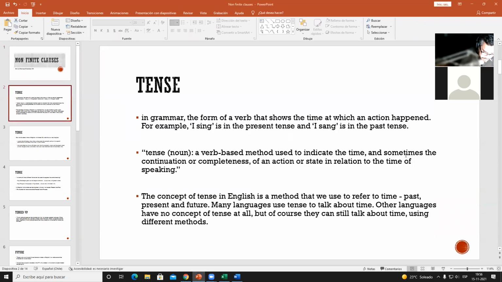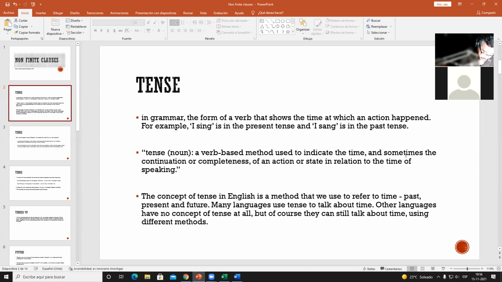Okay, so in order to begin with this discussion, we have to talk a little bit about the idea of tense, okay? Every single clause in English, and in Spanish as well, has one particular element, which is the verb phrase.